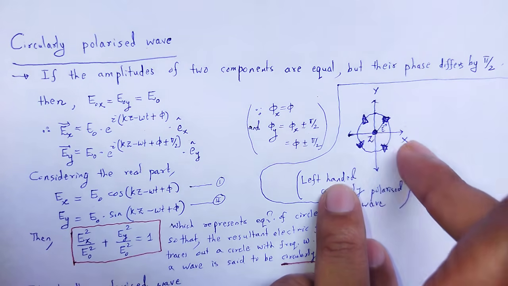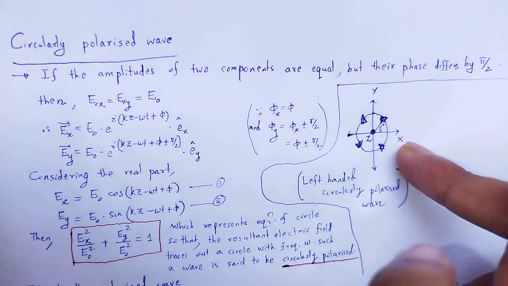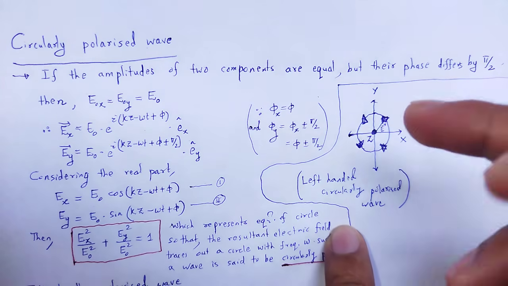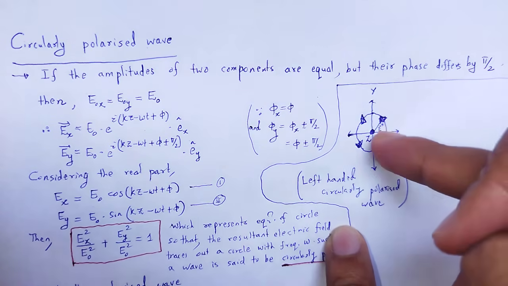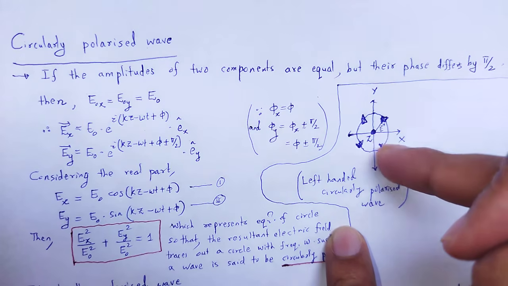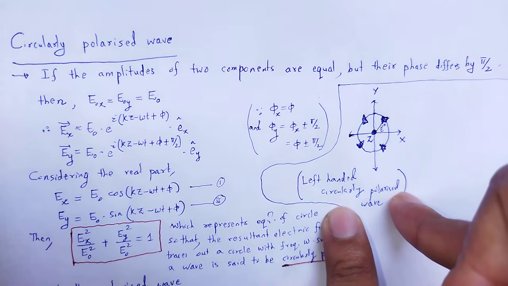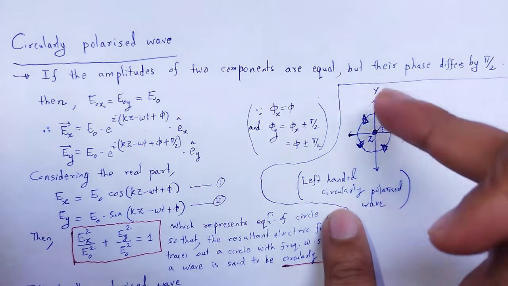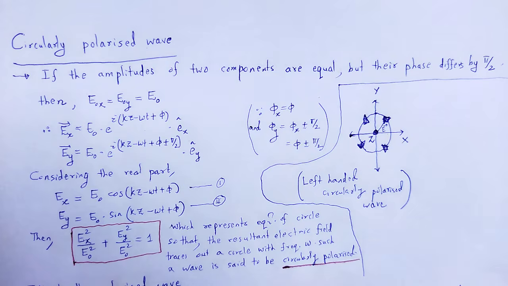Means when one observer is facing into the coming wave, then it is said to be left-handed circularly polarized, or we call it positive helicity.